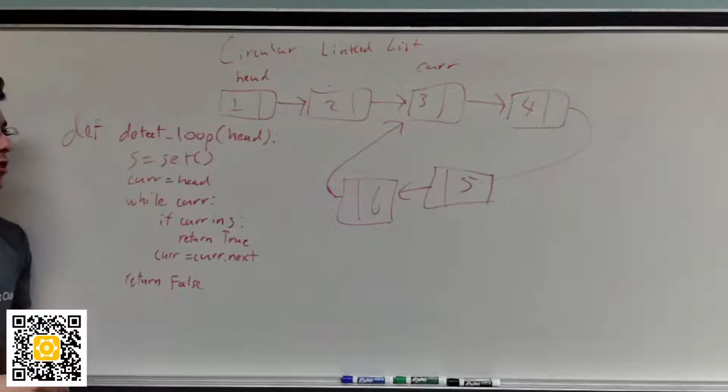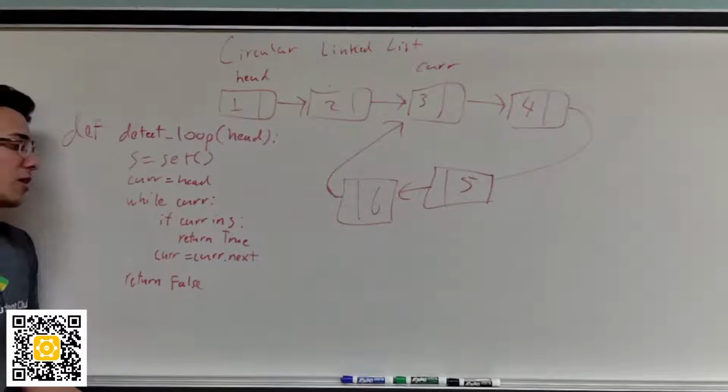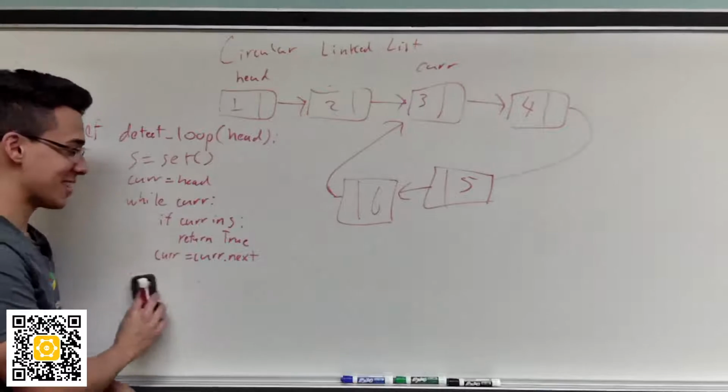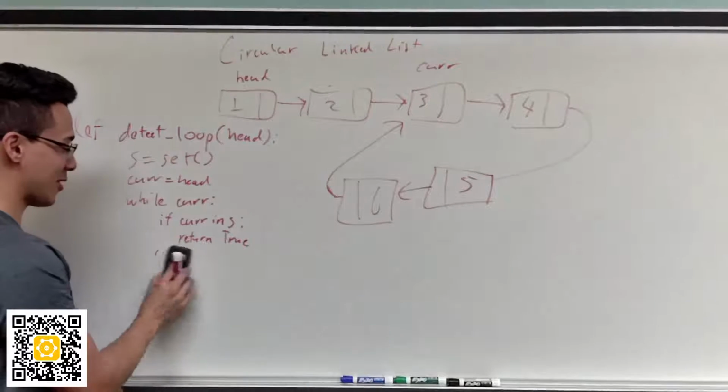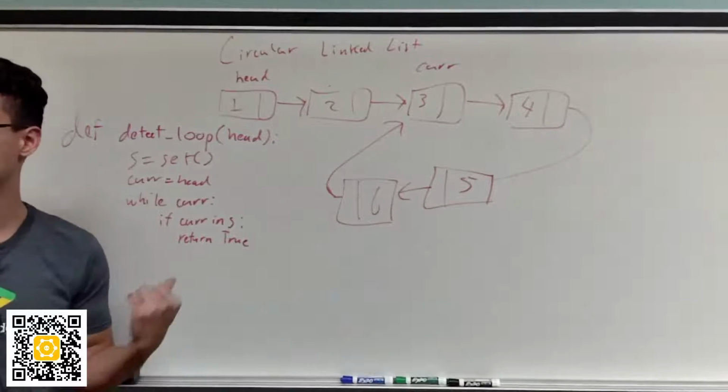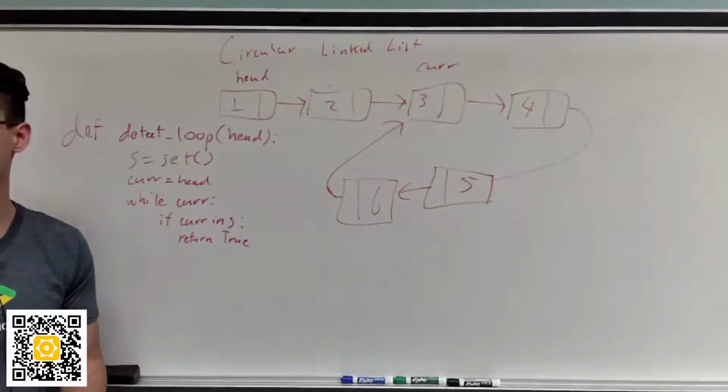Okay, so what's happening here? So how are you adding the nodes to the hash set? You're right. He's right. I missed that part. Yeah, that would have been an infinite loop. That would have given you time limit exceeded.